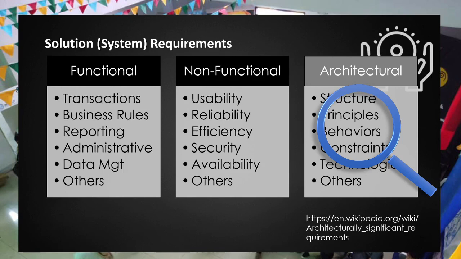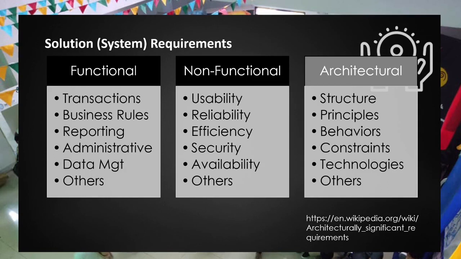Architecturally significant requirements are those requirements that have measurable effect on computer systems architecture. This can comprise both software and hardware requirements. They are a subset of requirements, the subset that affects the architecture of a system in measurably identifiable ways.